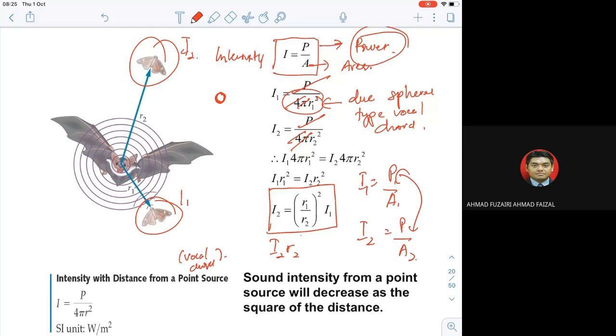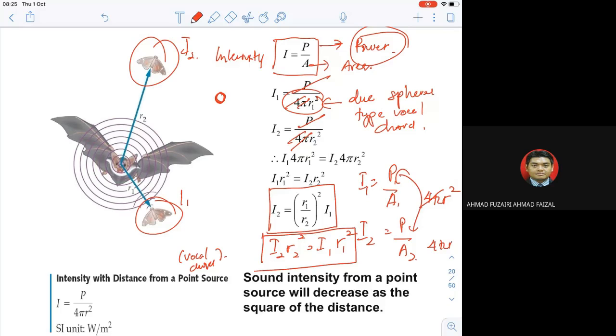So I2 R2 squared is equivalent to I1 R1 squared. That is because when we talk about area, it should be 4 pi r squared. When I1 has 4 pi r squared, I2 also has 4 pi r squared, so we can cancel out the 4 pi.